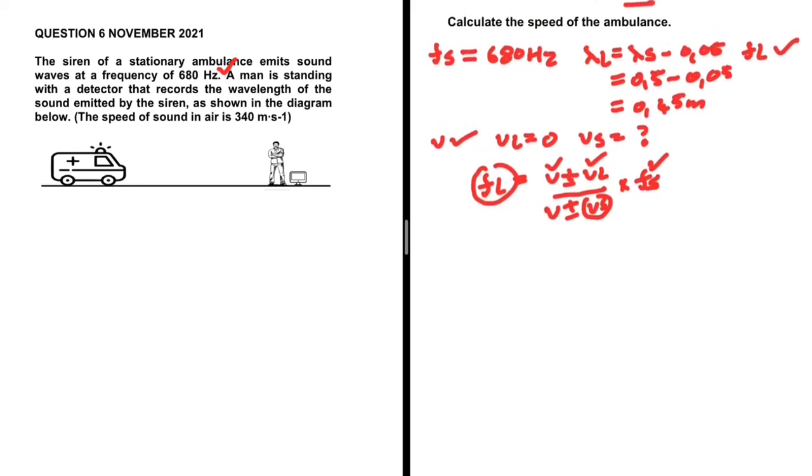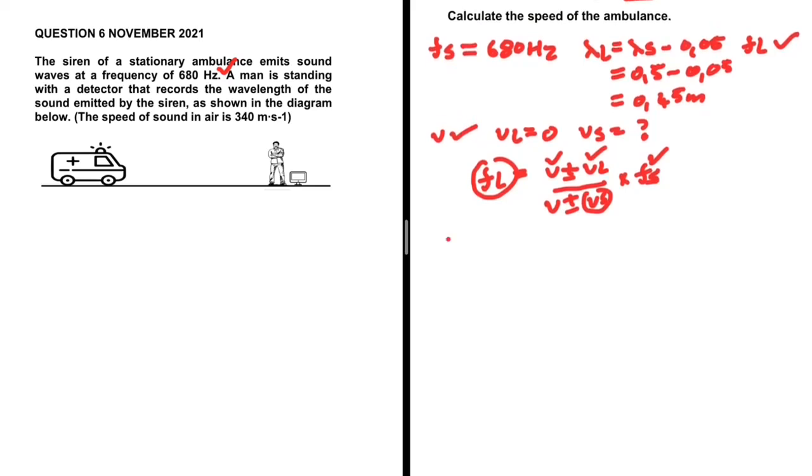In order to calculate FL, we're going to say that frequency is velocity divided by wavelength, right? We have the velocity, which is 340, and the wavelength, which is 0.45. So we can substitute that in place of FL: 340 divided by 0.45 is equal to the speed of sound in air, not the velocity, we talk about speed in the Doppler effect.